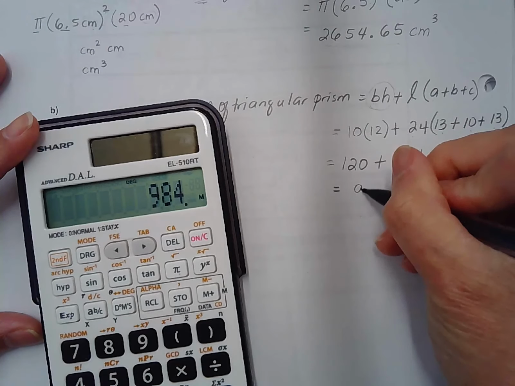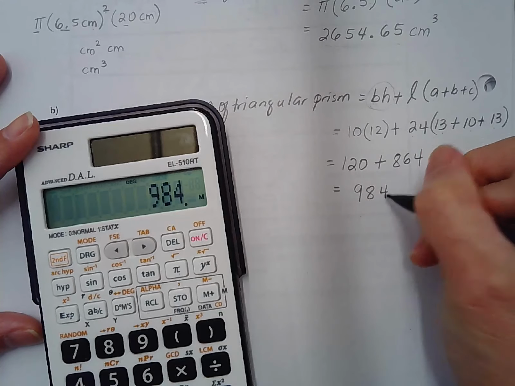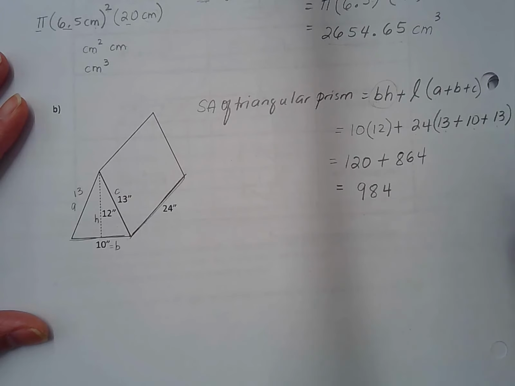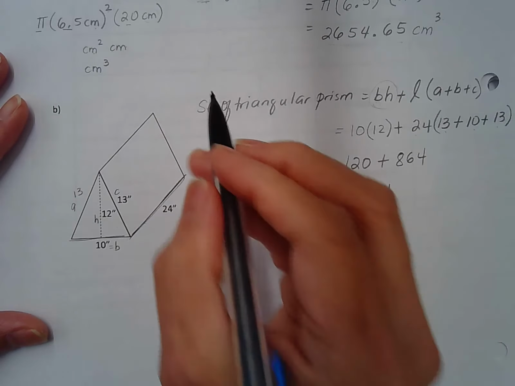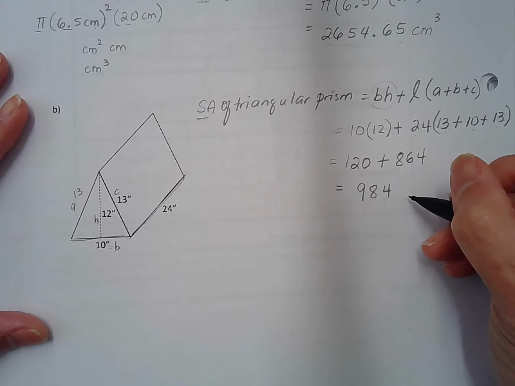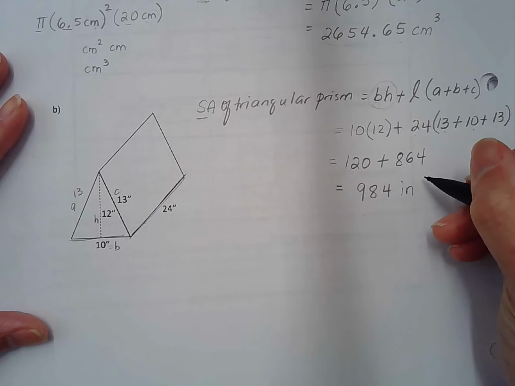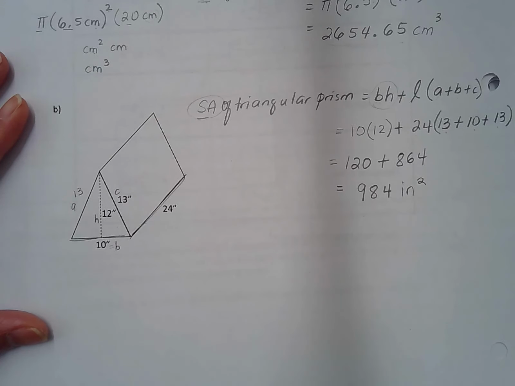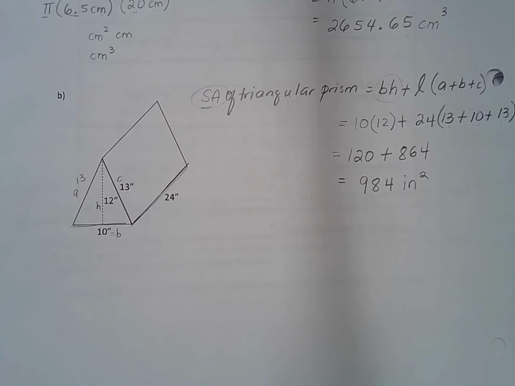So the total is 984. So 984, what's a unit? Okay, it's inches. Surface area, squared. Okay, inches squared, or square inches. I don't know which way you want to say it.